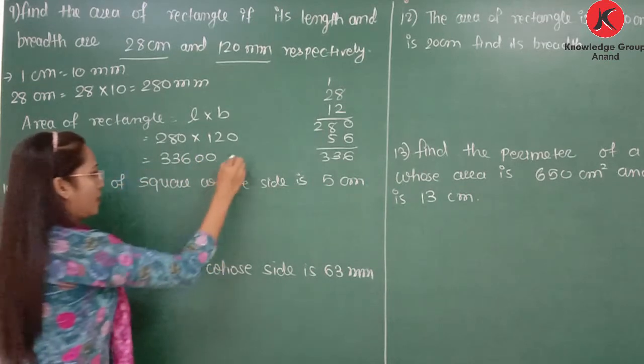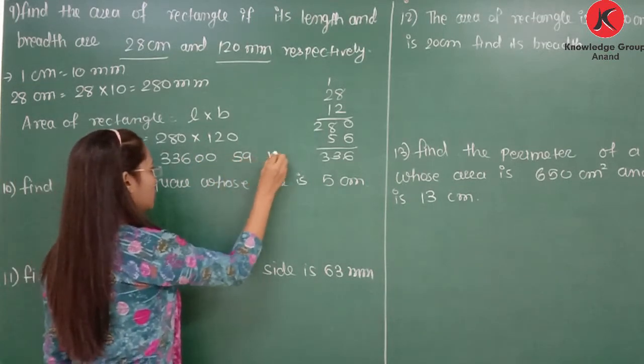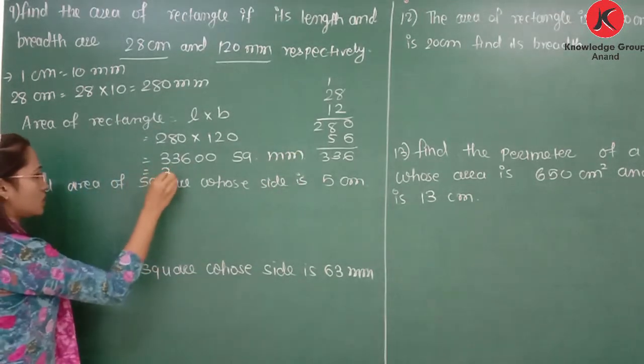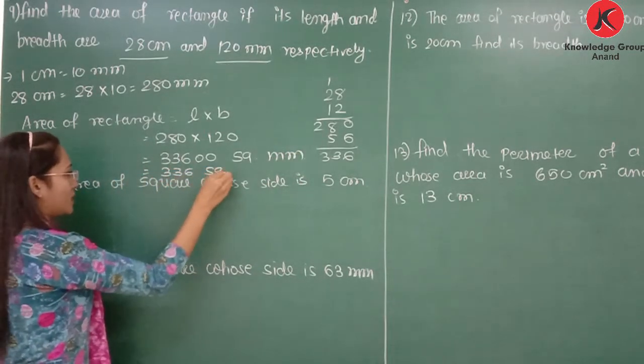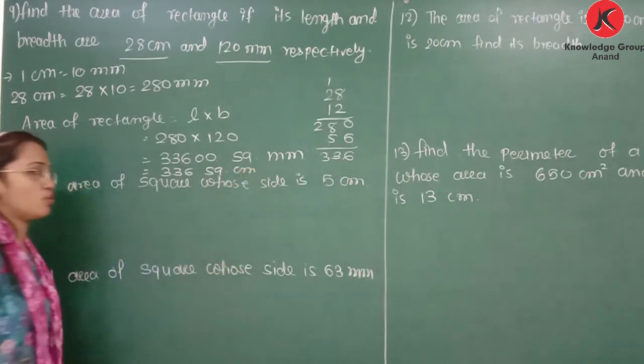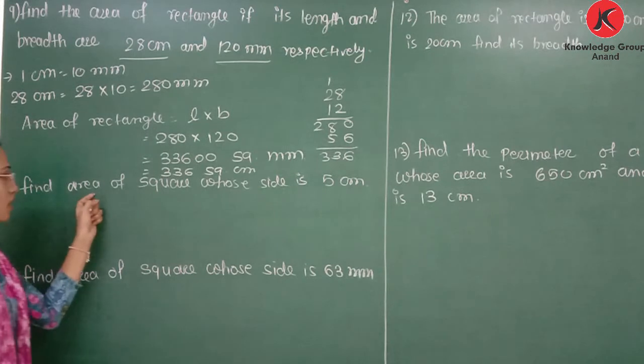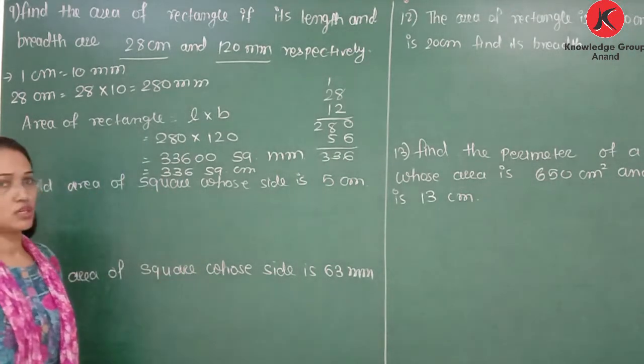That is mm square, or you can convert this into centimeters. So it is 336 square centimeter or centimeter square. Clear?